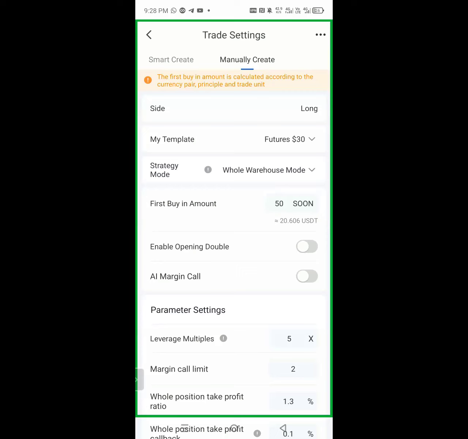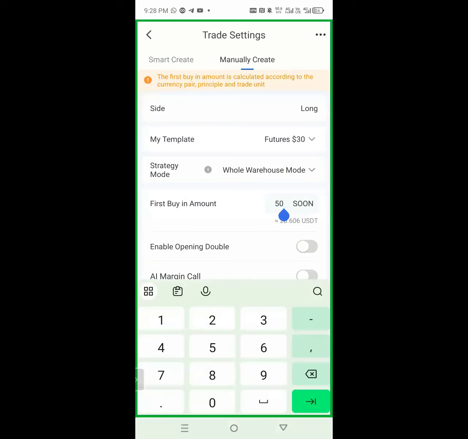The remaining, 90 minus 18, is how much? $72. So you're telling Binance to lend you $72, plus your $18, which will be 90.